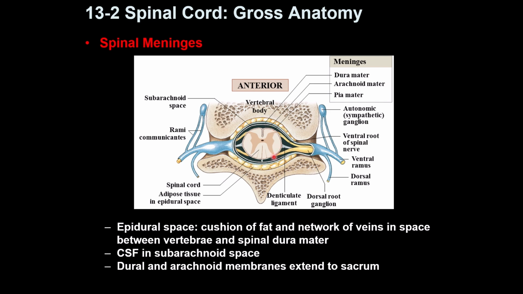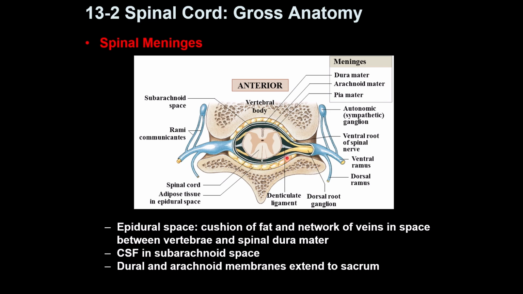This dark area between pia mater and arachnoid is the subarachnoid space. The content of that is CSF, cerebrospinal fluid, and I will come back to that in chapter 14 and talk about it in more detail.